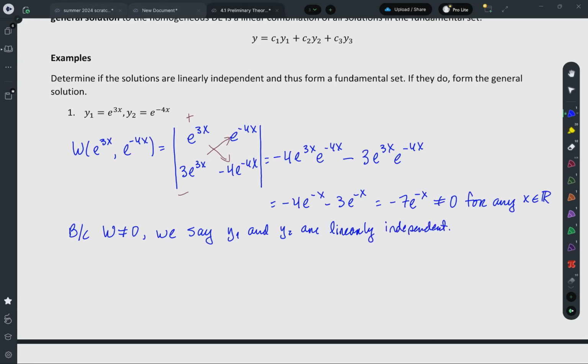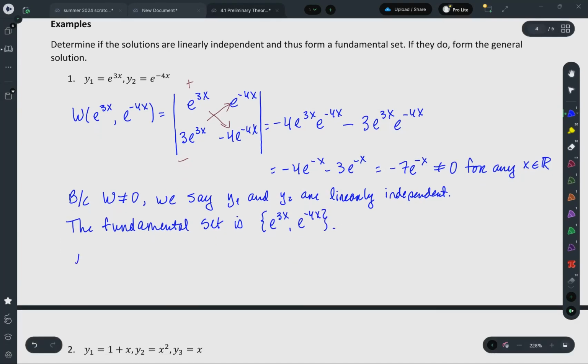And then we say that, let's see, the fundamental set of solutions, because we were asked for that. So the fundamental set is, got to use set notation, with e to the 3x, comma, e to the minus 4x.